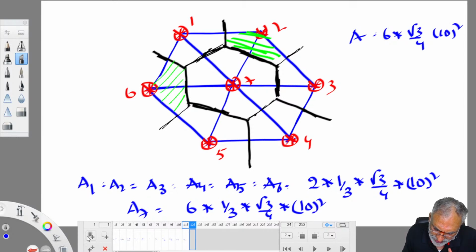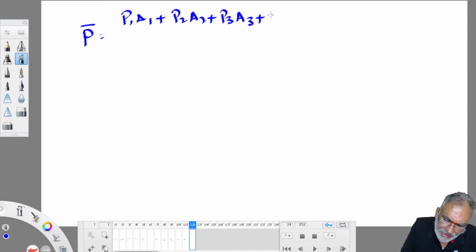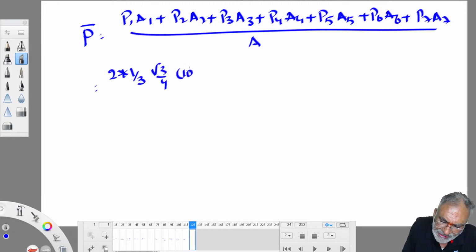So P bar is equal to P1A1 plus P2A2 plus P3A3 plus P4A4 plus P5A5 plus P6A6 plus P7A7 by total area. A square is common.